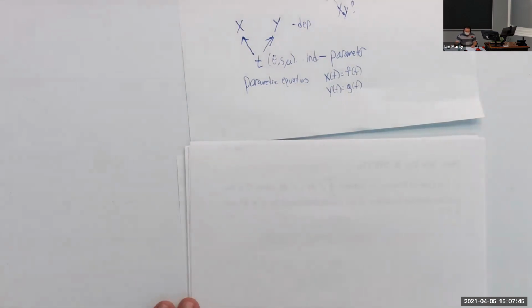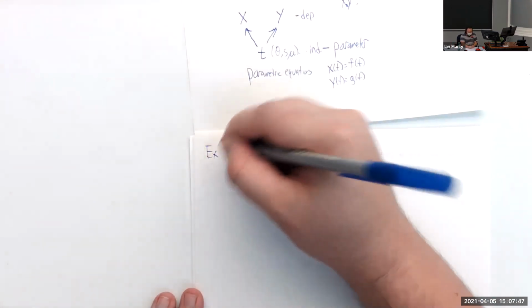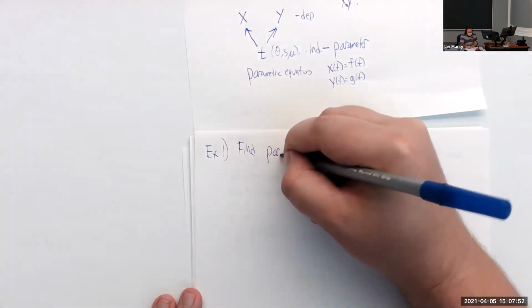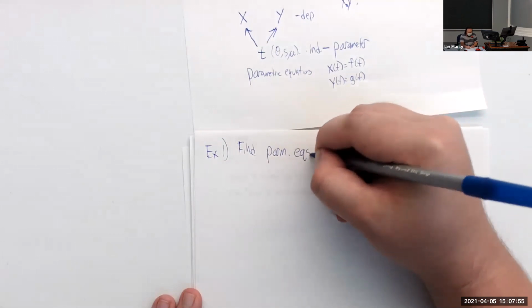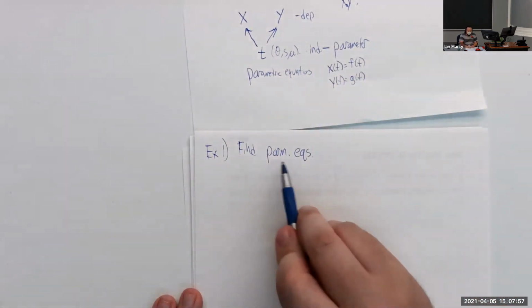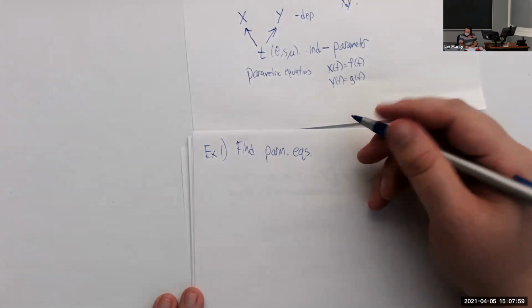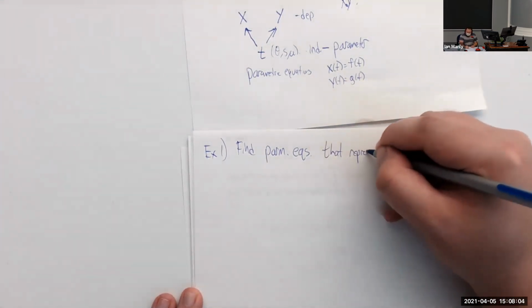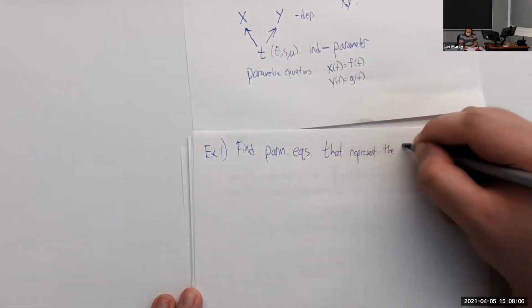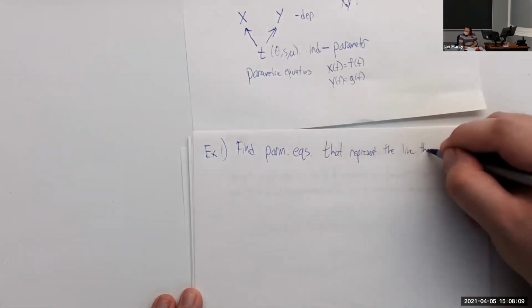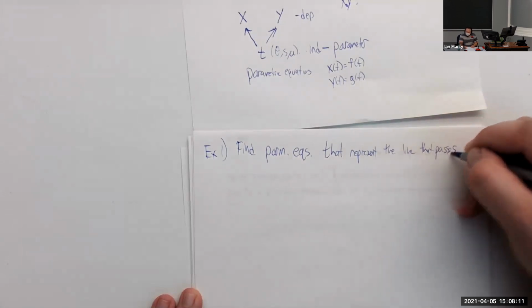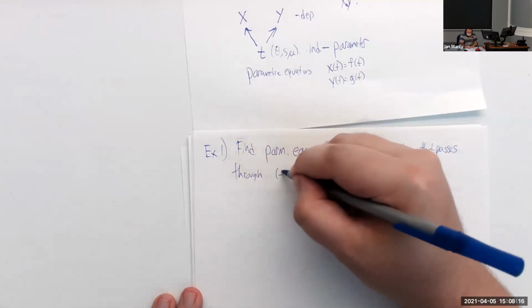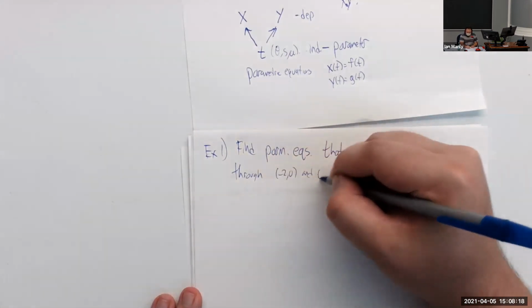All right, so here's my first example. I want to show you guys how to do this. Example 1, find parametric equations. I'm going to abbreviate parametric as parm from now on, since parametric's too long of a word. Find parametric equations that represent the line that passes through (-2, 0) and (4, 3).